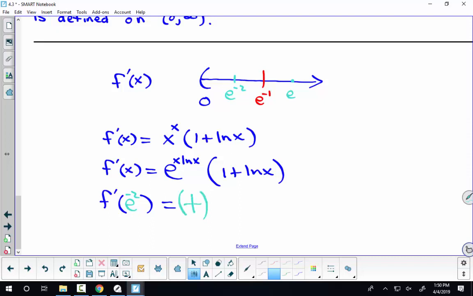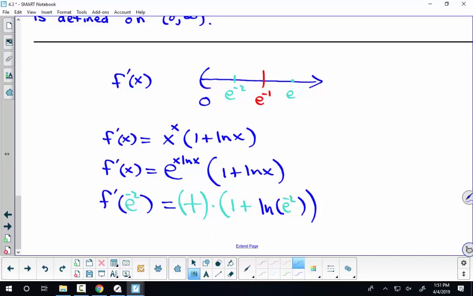So that factor is always positive, and we just need to figure out what e to the negative 2 plugged in here gives. 1 plus ln of e to the negative 2 would give me what? ln of e to the negative 2 is negative 2.